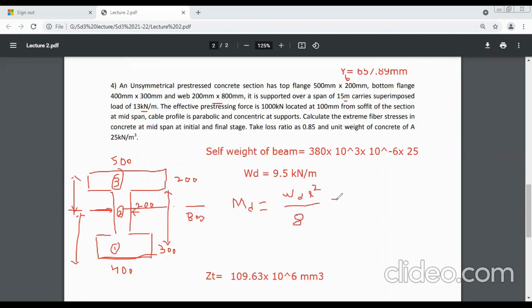So WD is 9.5, and span of beam is given. How much is the span? It is 15 meter. 15 square divided by 8.